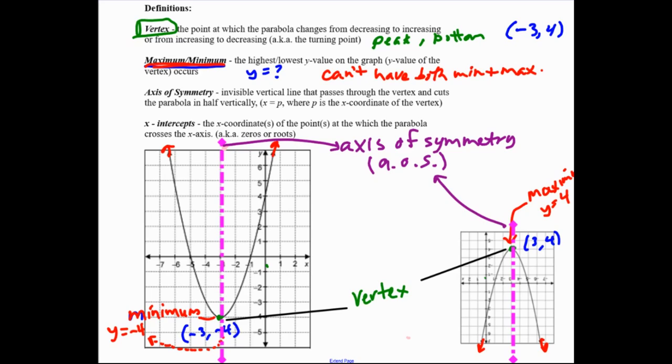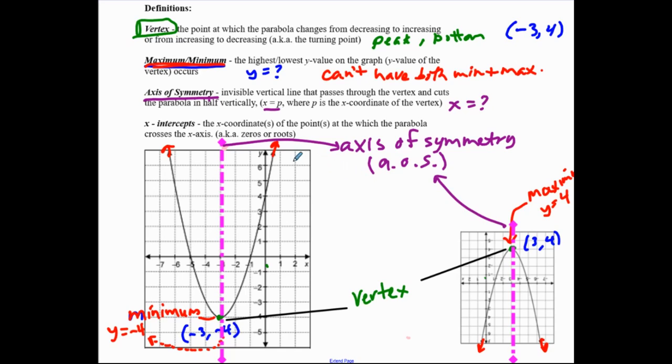We can also give it an x value. x is equal to p, where p is the x-coordinate of the vertex. So we'll have a number like x equals something.